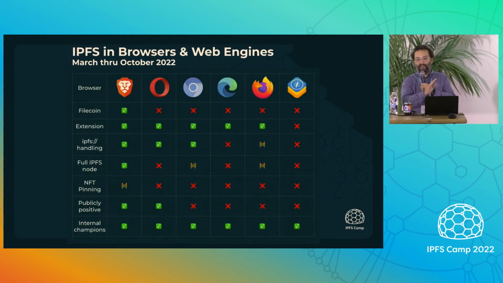One of the big accomplishments that we had this year was the fact that this is now getting close to 50-50 green versus red. It's really, really long, painstaking work to be able to add a paradigmatically different protocol with different security model, different privacy model, different capabilities to something like the web platform.